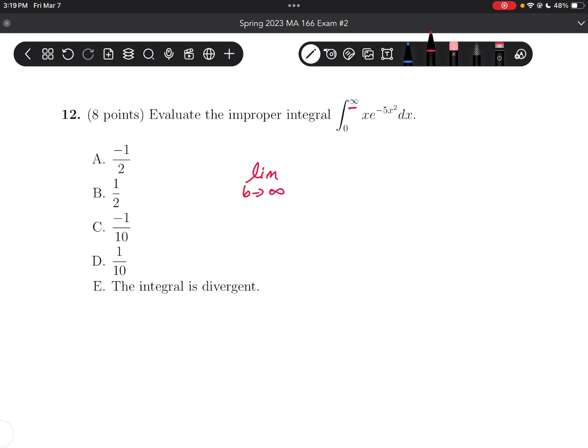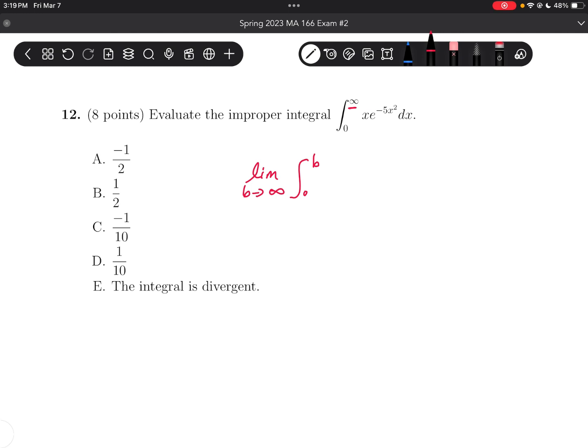Technically, we're not allowed to integrate to an infinite number, so what we do instead is we integrate from 0 to b, and we say, what's the limit as b approaches infinity?